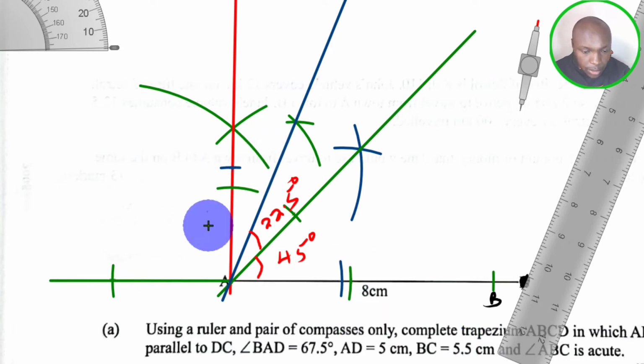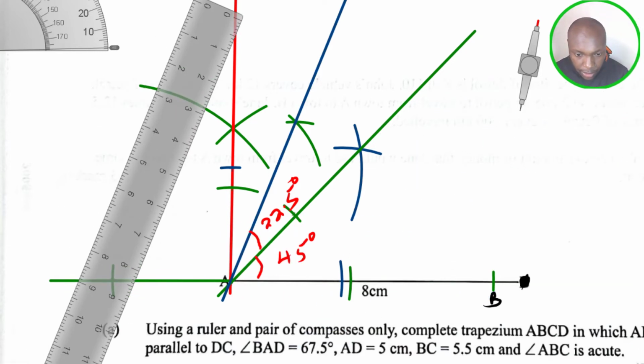So as you can see, I now have 45 plus 22.5, and that gives 67.5. Now I have 67.5, and you can verify that using a protractor.